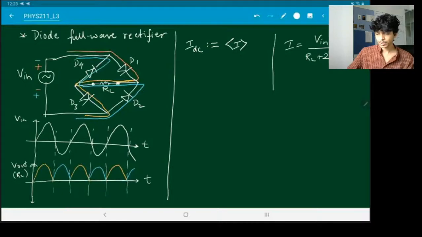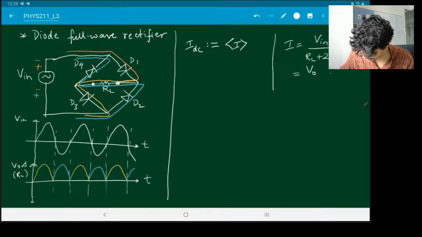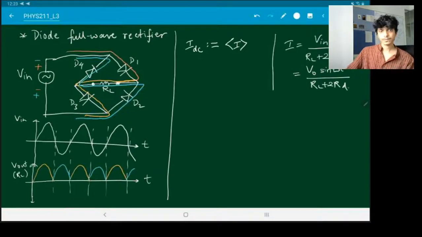RD is the resistance across each diode. So no matter whether it's a positive half cycle or the negative half cycle, the current is always passing through RL, and it is passing through two of the diodes. So the total resistance is RL plus 2RD, and V in divided by that gives you the current, where V in further you can write as V0 sine omega t. And this is your I0 sine omega t.